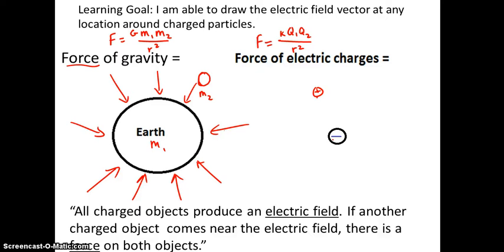Similar to gravitational fields, this charged particle also produces an electric field. If I put a positive charge there, it's going to move towards it. So I can visualize an electric field, and it tells me the direction of the force if I put a charged object inside or near that field.